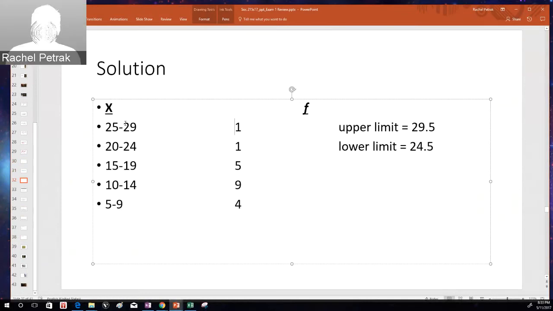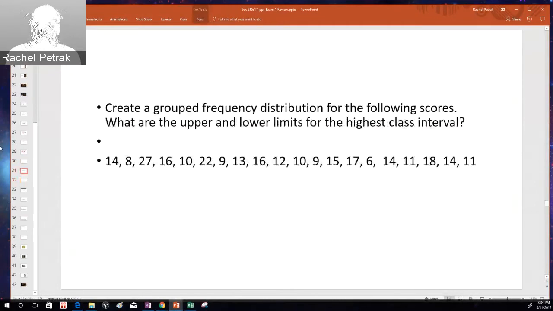Note that the intervals are non-overlapping with real numbers in our data set, and that's the key take-home point here. Definitely something to remember, which is that the upper and lower limit of any interval should be a value that is non-overlapping with the real values in your data set. So we can see in this variable, these are all whole numbers. There's not any decimals here.